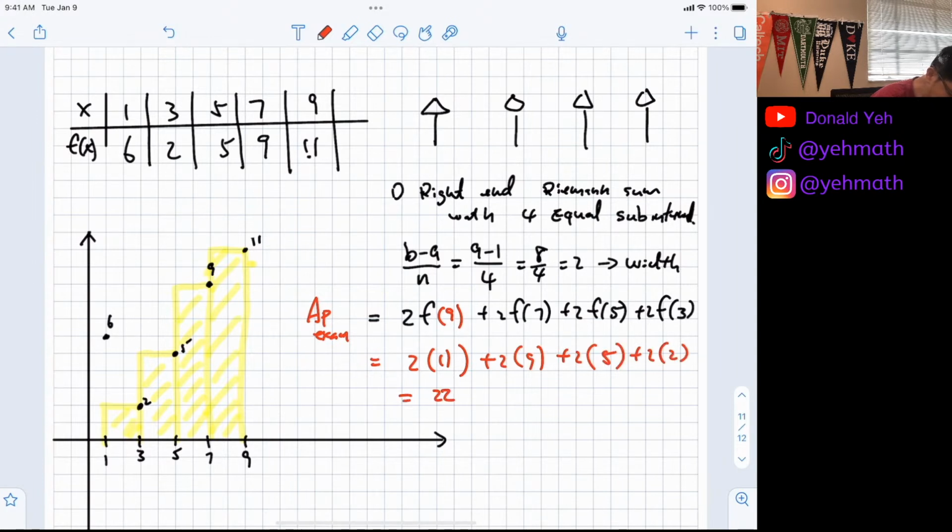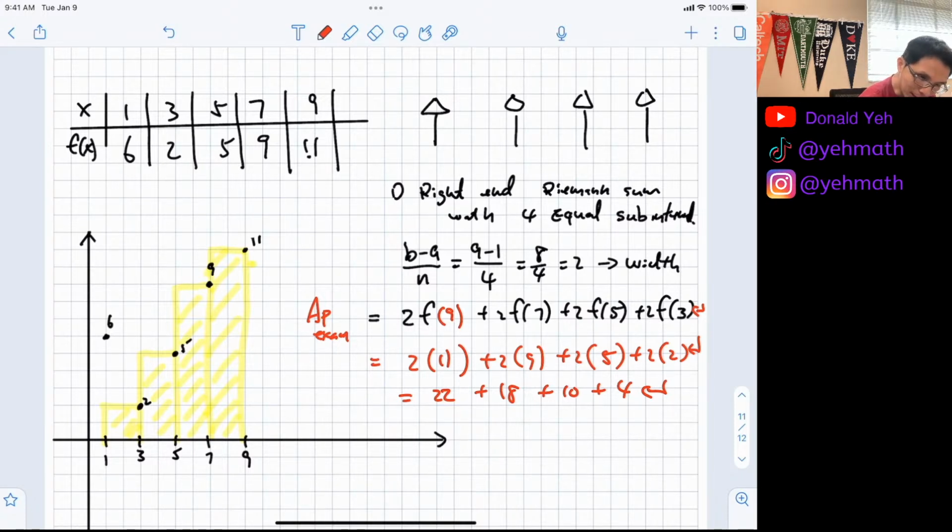And that gives you 22 plus 18 plus 10 plus 4. On the AP exam, if you write it like this and you didn't evaluate it or you evaluated it wrong, they will still give you the full amount of credit. So write this out to get credit. If you just evaluate, you could get a wrong answer.